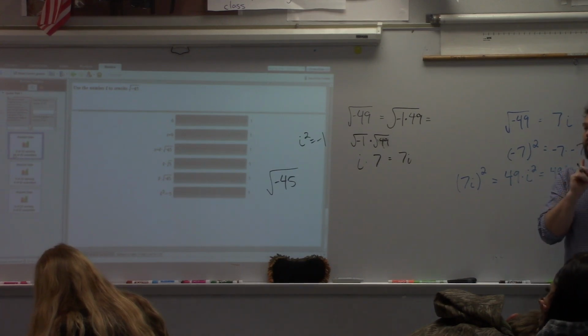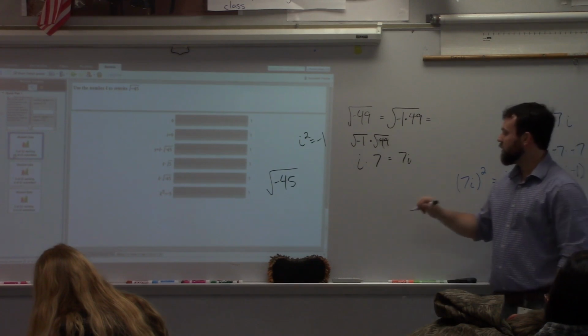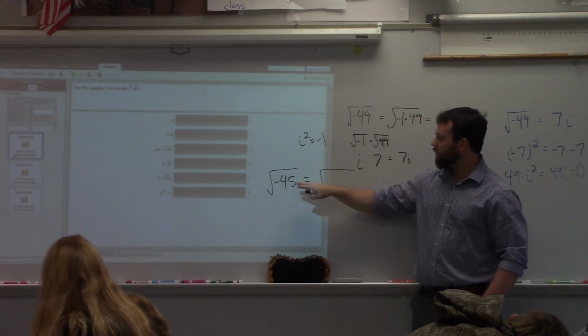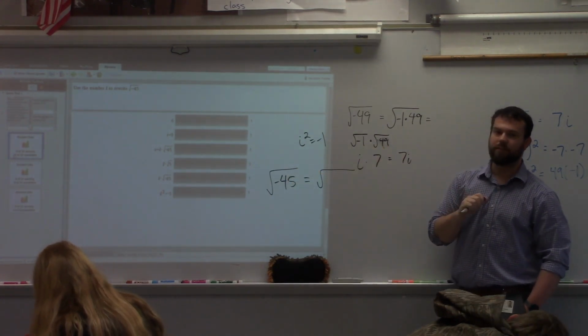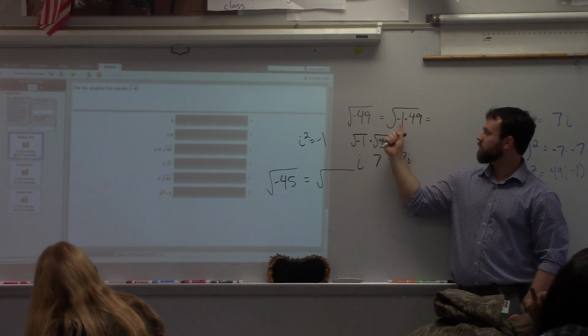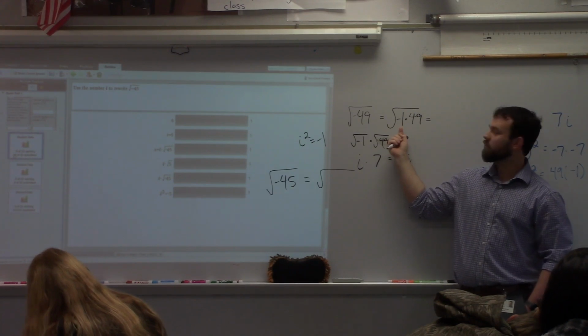Guys, one factor of 45 that I can take the square root of because it's a perfect square? 9. So for the square root of negative 45, what factor do I always want to use when I'm taking the square root of a negative? You always want the negative 1, because what is the square root of negative 1?